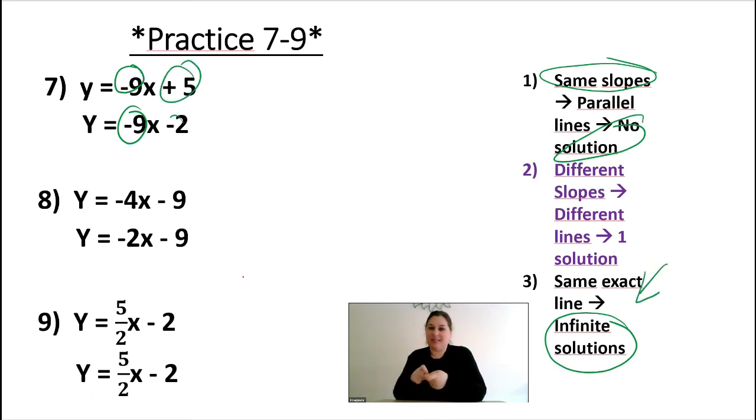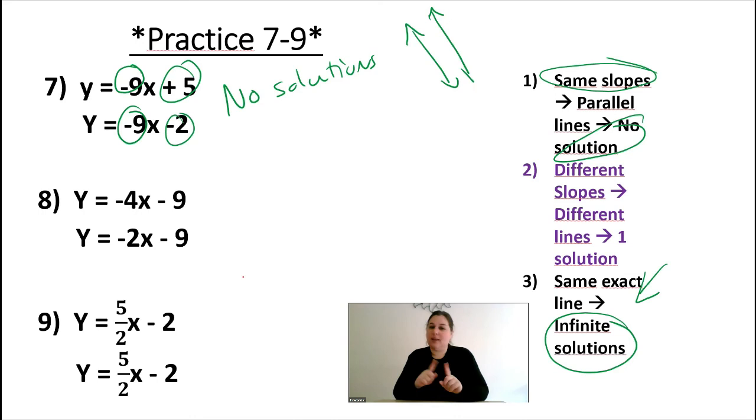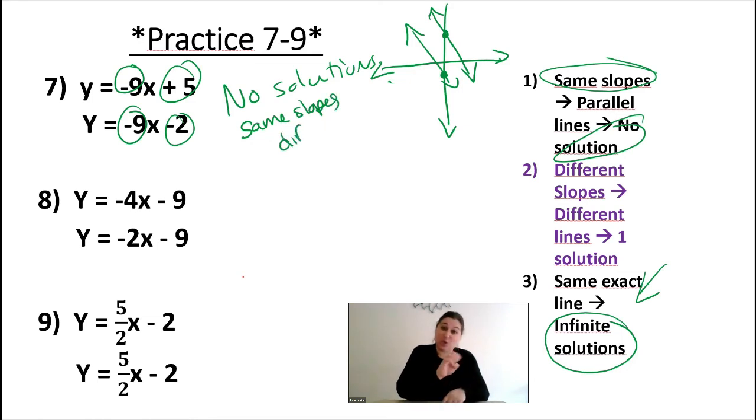But these are different, so that means no solutions. They have the same slope, but they start off at different points for the y-intercepts. So same slopes, different y-intercepts.